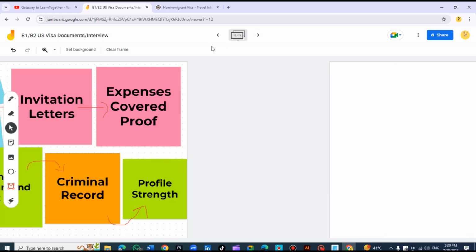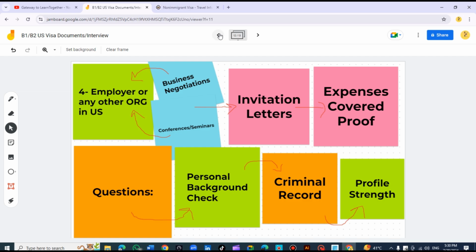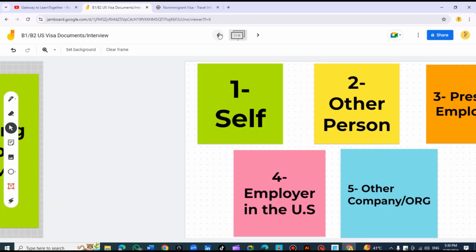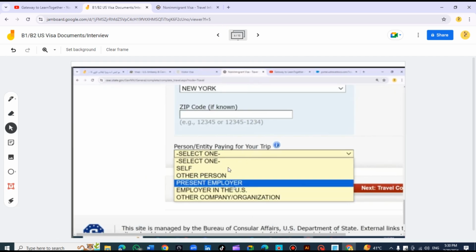So now the situation has totally changed. These were all the situations I have tried my best to explain, and these all were from the DS160 form, and it depends on who is paying for your trip. And remember, that is the game changer.